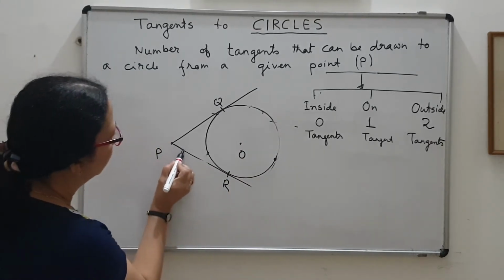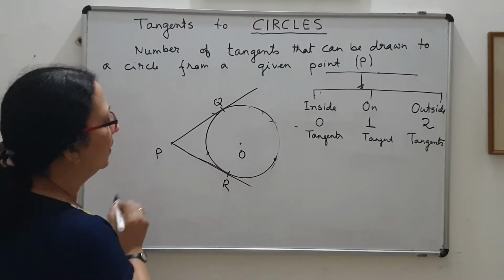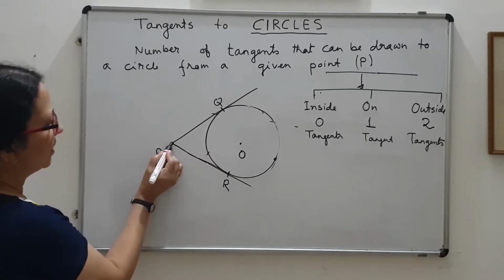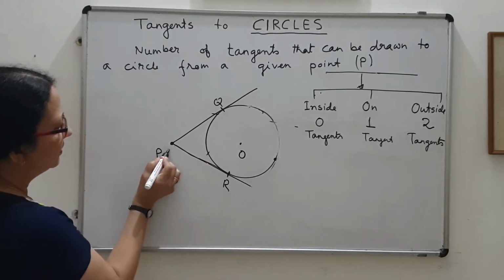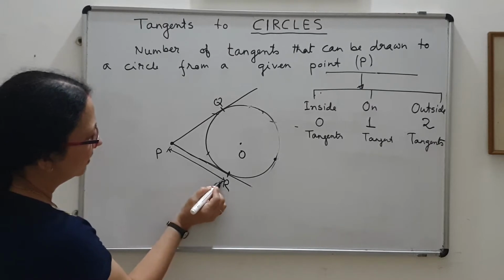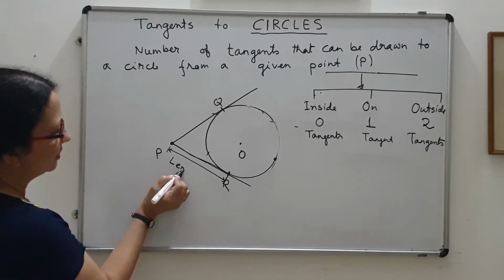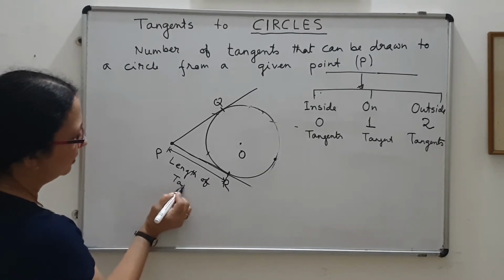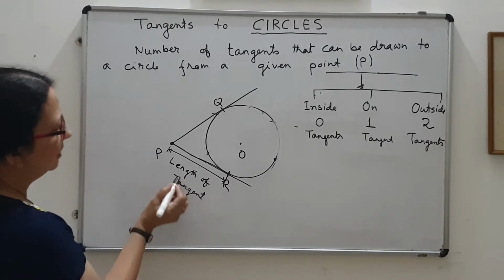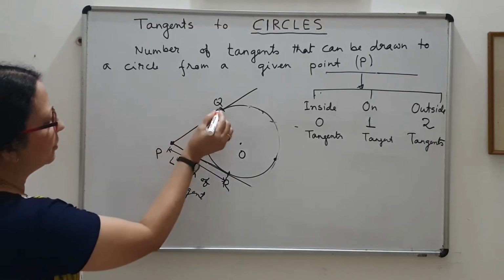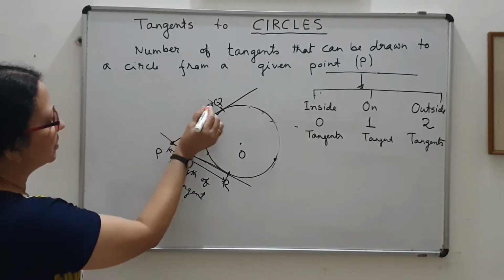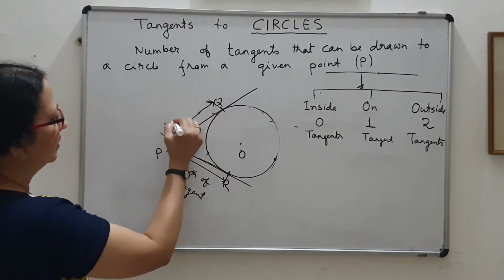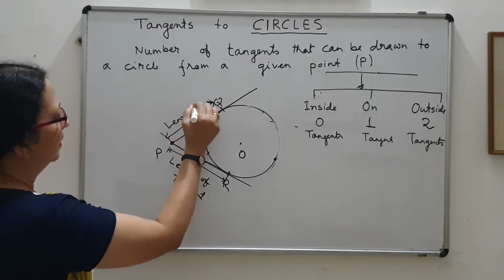So the distance between the external point and the point of contact, that is this distance, is known as the length of tangent. And similarly, the distance between the external point and the other point of contact is also the length of tangent.